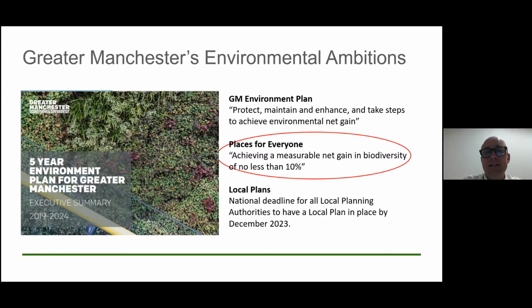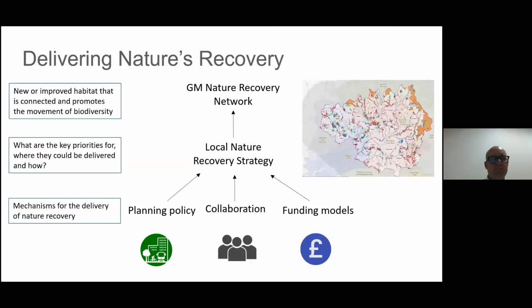But we are already starting to see developers coming forward with biodiversity net gain in their planning applications. And another piece of policy that we have is that we were one of 5 pilots in the country testing the delivery of a local nature recovery strategy. The local nature recovery strategy has recently been published as a pilot.